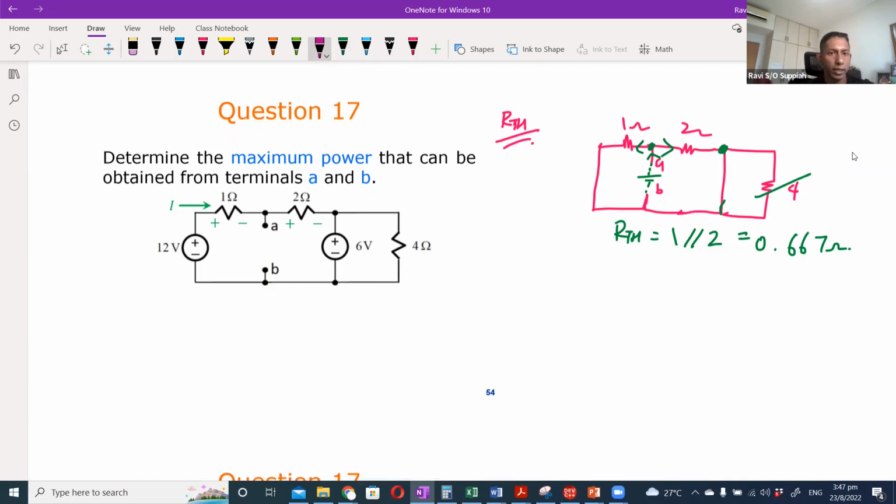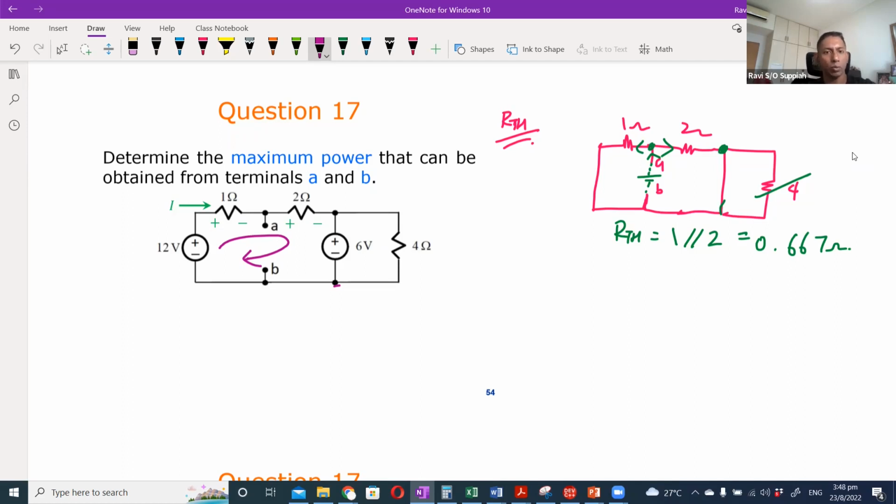So to calculate VTH, again, you can use any technique you like. In this case, since you see a loop over here, you can draw a loop, and you can write an expression based on the flow and the plus or minus that you have.